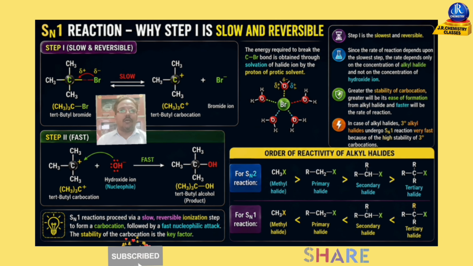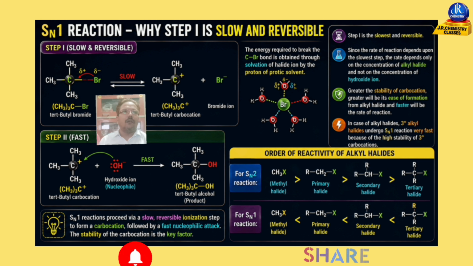Step 1 is the slowest and reversible. It involves the C single bond Br bond breaking, for which the energy is obtained through solvation of the halide ion with the proton of the protic solvent.